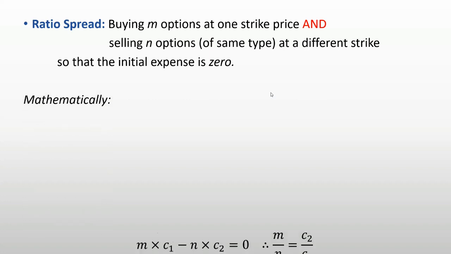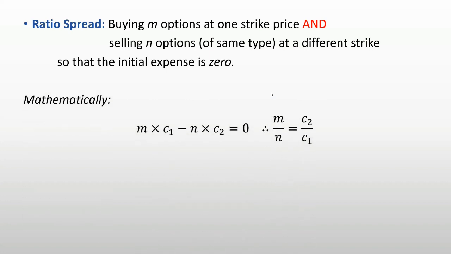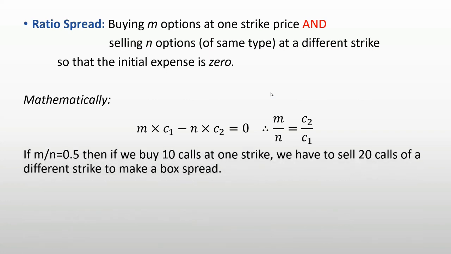Mathematically we find the ratio by this formula, where C1 and C2 are the option prices of two calls. So if M over N equals 0.5, that means if we buy 10 calls at one strike, we have to sell 20 calls of a different strike, which will always give you a positive cash flow at maturity.